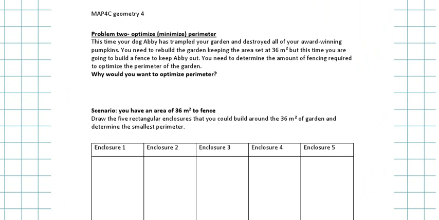But this time, you are going to build a fence to keep Abby out. You need to determine the amount of fencing required to optimize the perimeter of the garden. So the question to you is, why would you want to optimize perimeter?